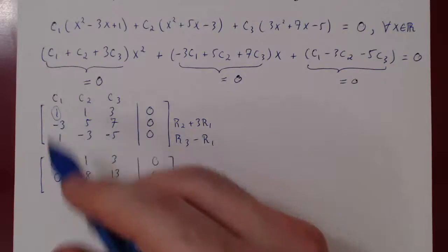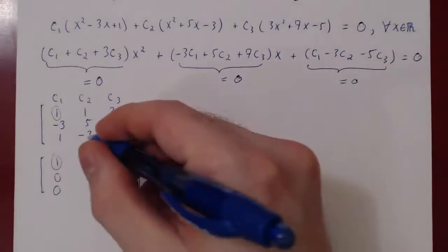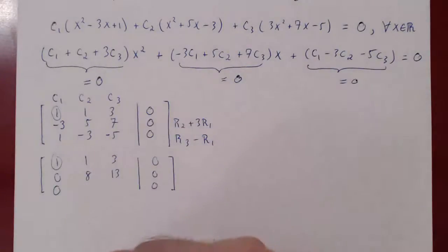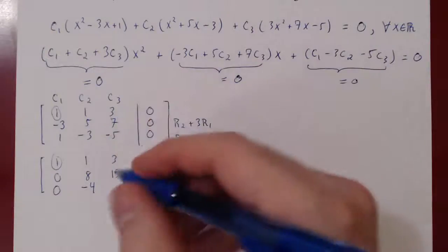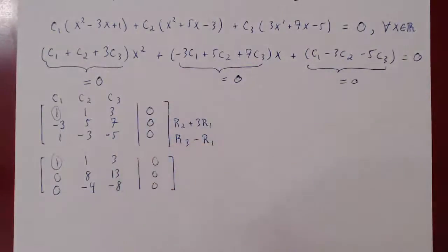Row 3 minus row 1, so 0, negative 4, negative 8. That's equal to 0.